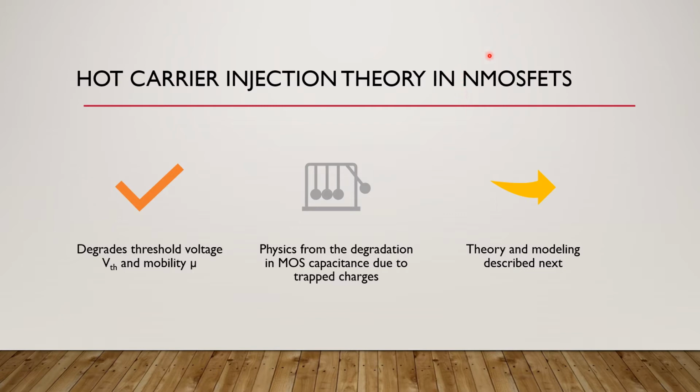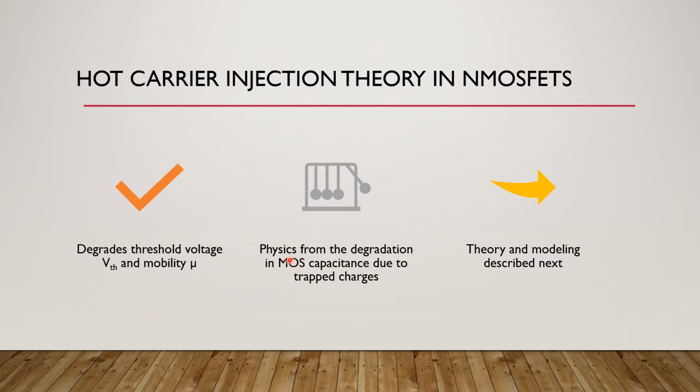However, for N MOSFETs, you have some different scenarios, and according to those different scenarios, you get different physical pictures of how the HCI occurs. As I explained earlier, HCI in general in both N MOSFETs and P MOSFETs degrades the threshold voltage and the mobility.